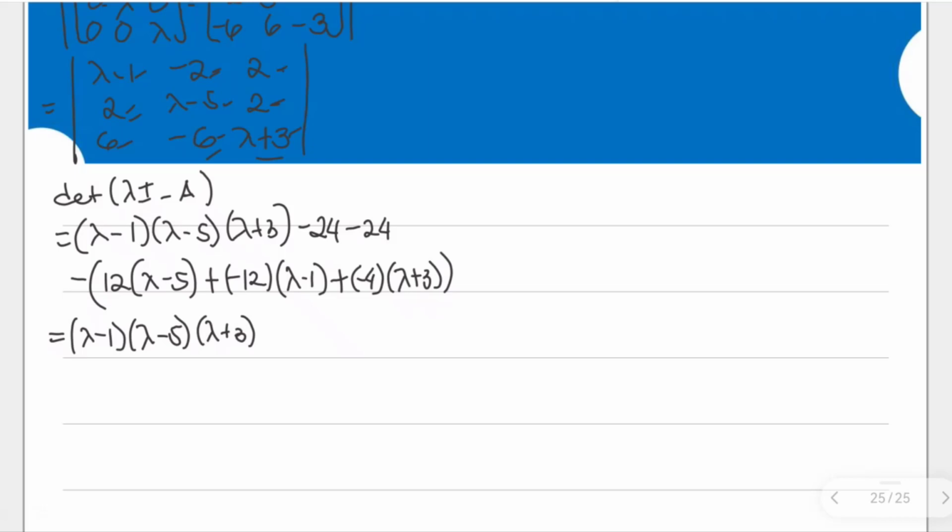So you have here minus 48, then let's distribute the negative sign: minus 12 lambda minus 5. Then this is negative and you have a negative here, so plus 12 lambda minus 1. And then this negative, so minus 4 lambda plus 3.